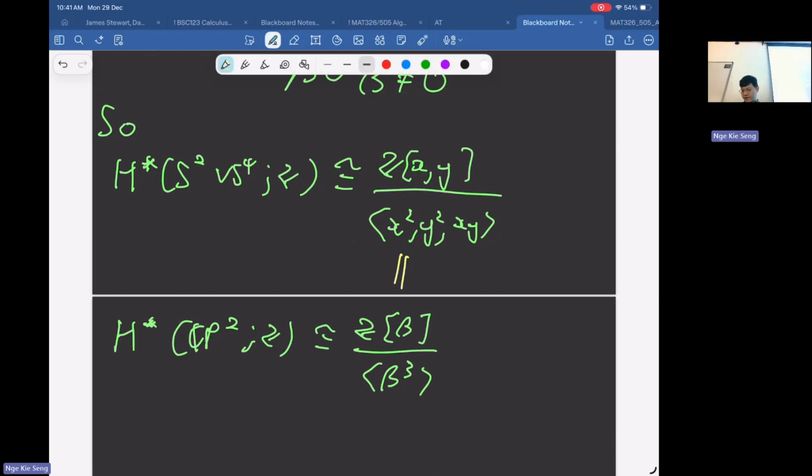Because if you want to have an isomorphism, definitely you need to send your beta to somewhere. You should send your beta to some of the generators. You cannot send it to x, you cannot send it to y. You also cannot send it to any combination of them.